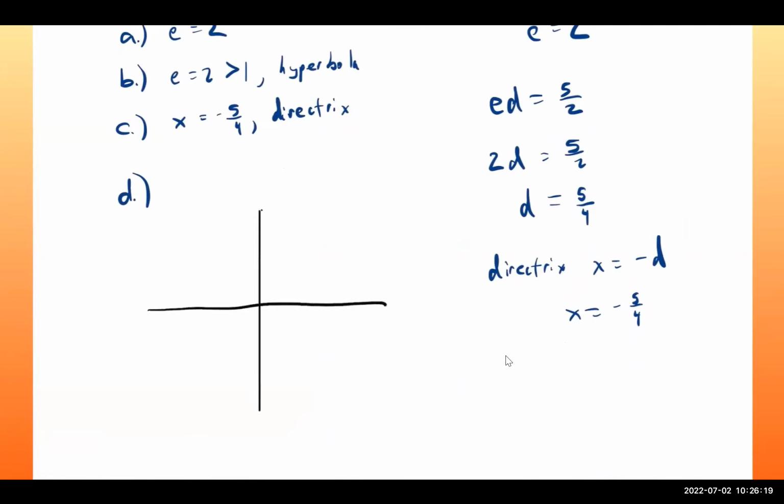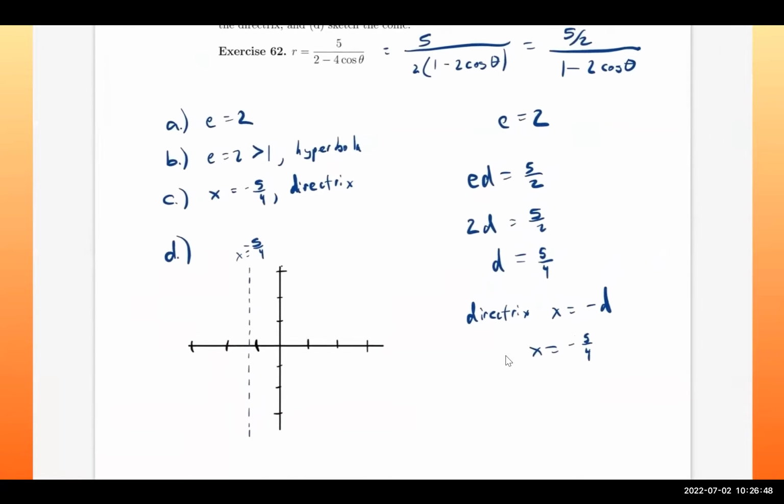And finally, the sketch. And remember, this is a hyperbola. So we got to draw this and make it look like a hyperbola. All right, so let's graph the directrix first. 1, 1, 2, 3. So the directrix is x equals 5/4, which is 1 1/4, which is about right here somewhere.